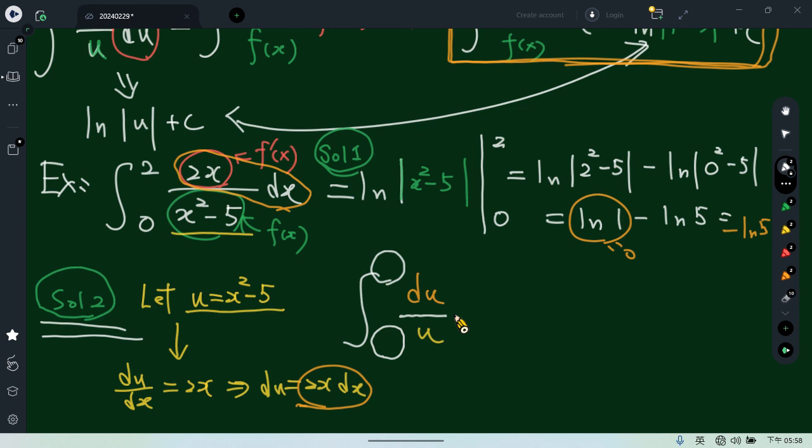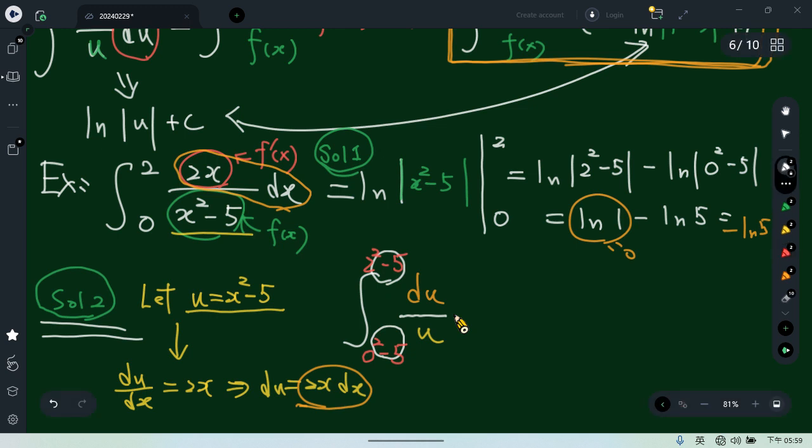We should use 0. 0 into x for x, right? Replace with x minus 5. Then use 2 to replace x minus 5. So finally, that will be 0 squared minus 5, 2 squared minus 5.